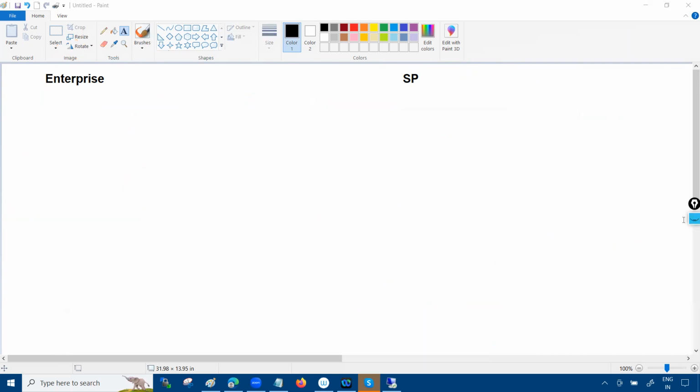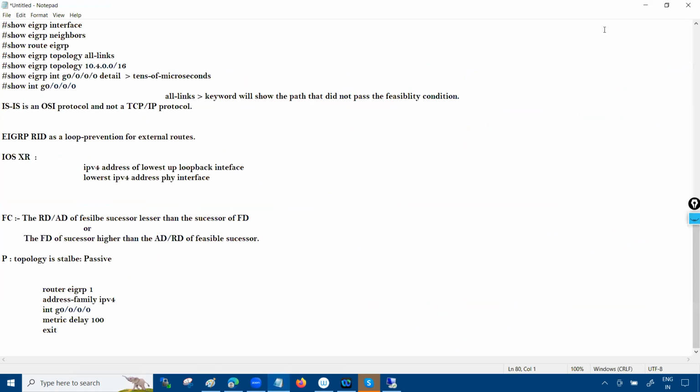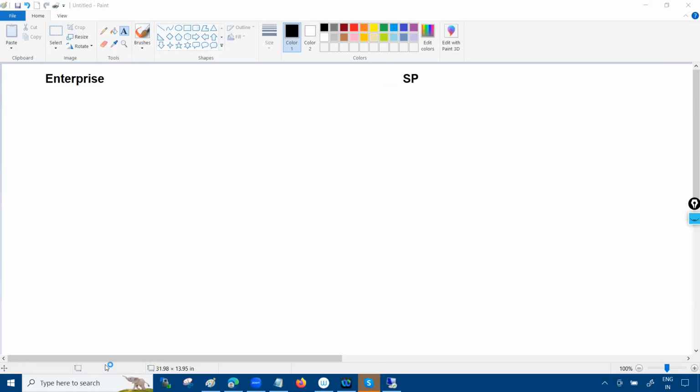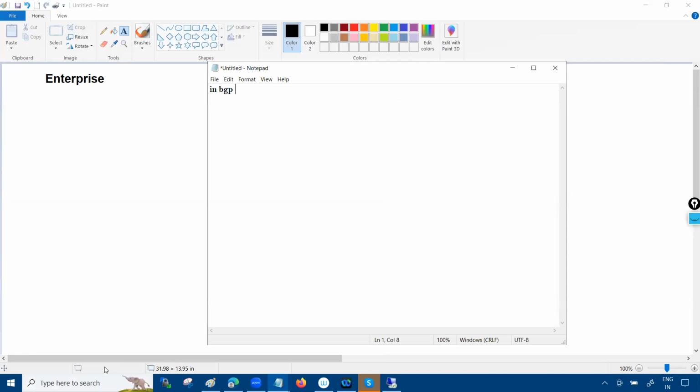Remember, if your next hop is not reachable in BGP, then BGP never considers that route a best route.